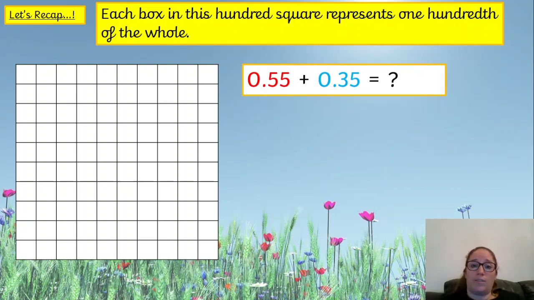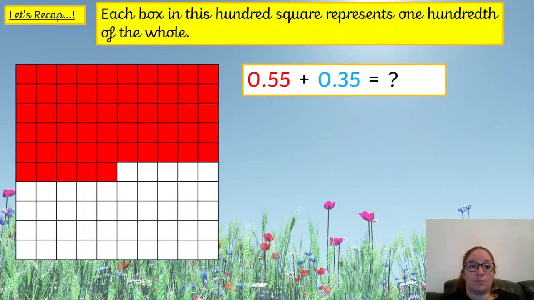Okay, we know 0.55 represents 5/10 and 5/100, which we can shade like this. And then we're going to add 0.35, which is the same as 3/10 and 5/100, or 35/100.